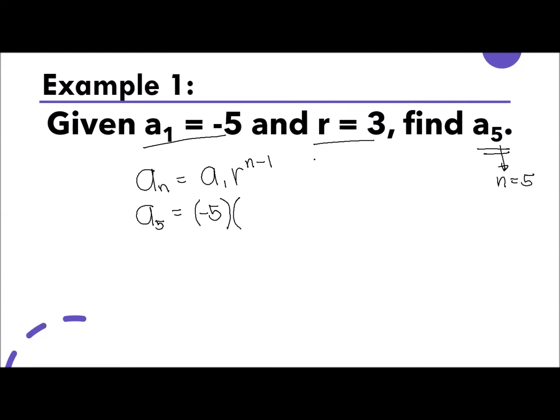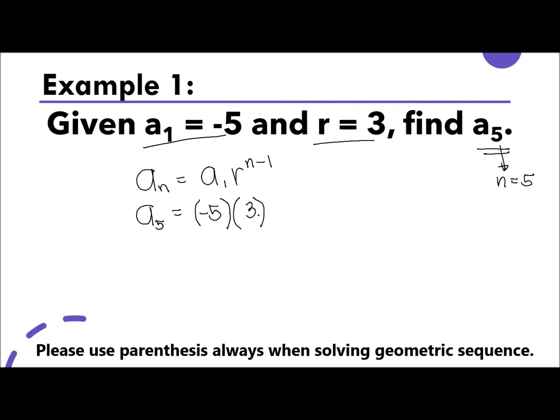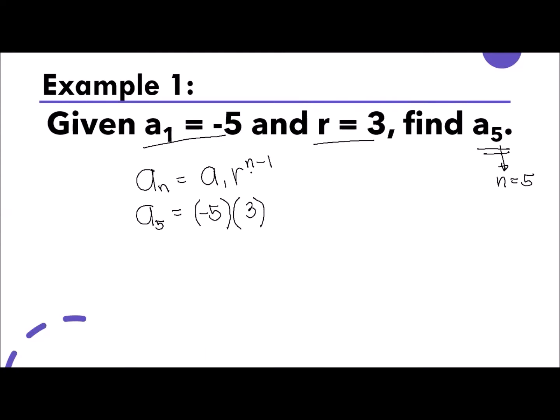And then, our ratio is 3. So, please make it a habit. While you are solving a geometric sequence, please put a parenthesis. And then we have the exponent n minus 1. So, that is 5 minus 1. Okay? I hope that's clear with you. Then, we're going to simplify.